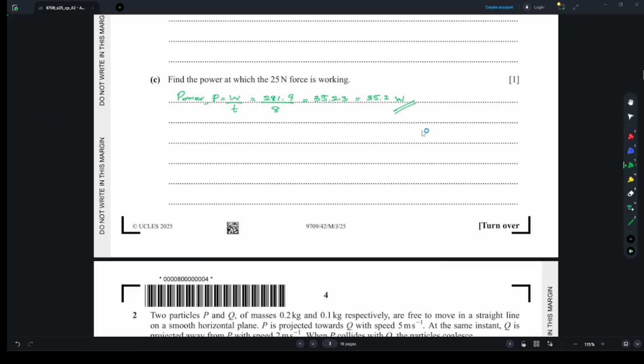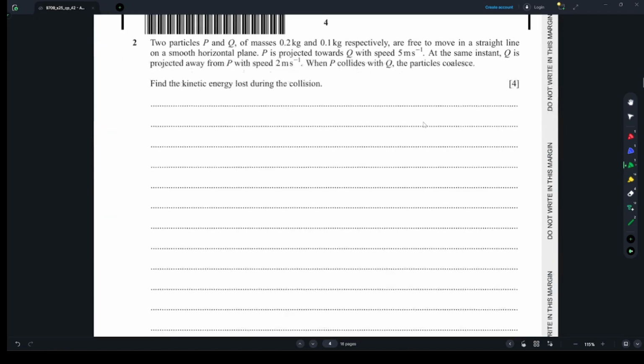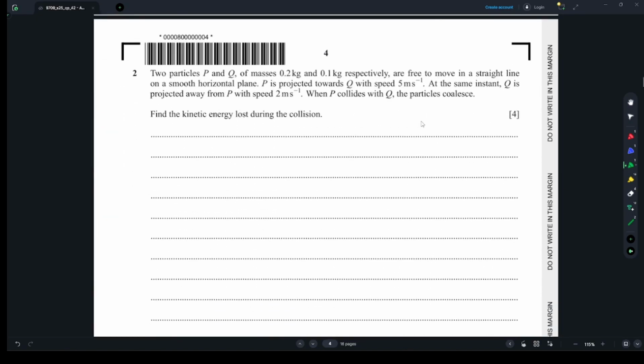Now let's move to question two. Two particles P and Q of mass 0.2 kilogram and 0.1 kilogram respectively are free to move in a straight line on a smooth horizontal plane.